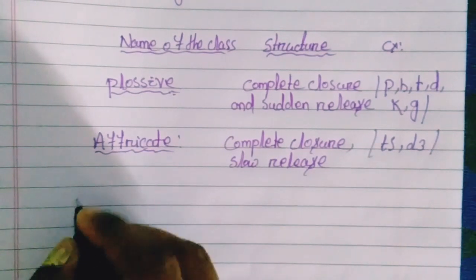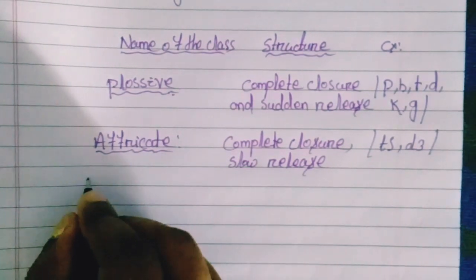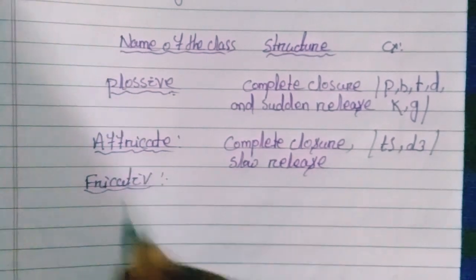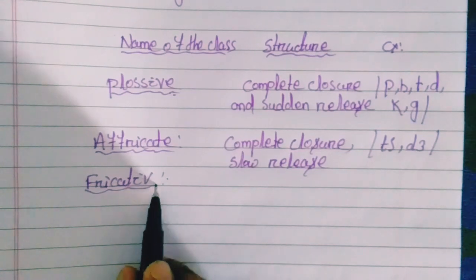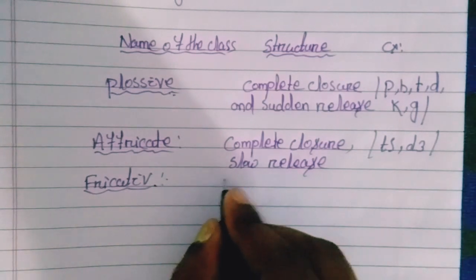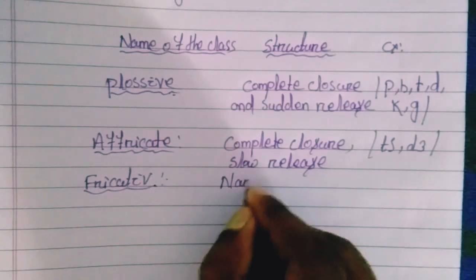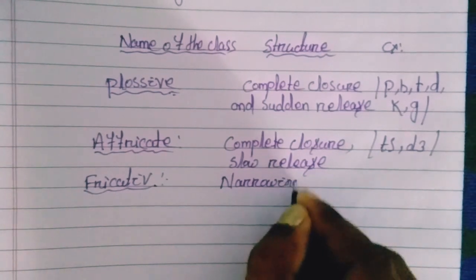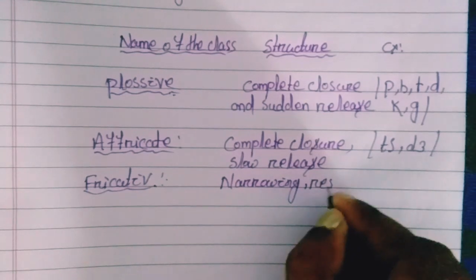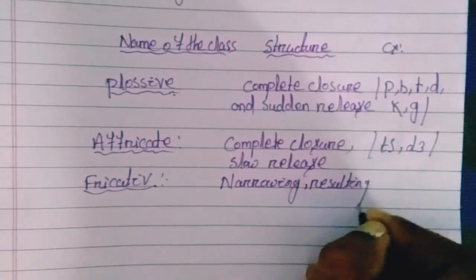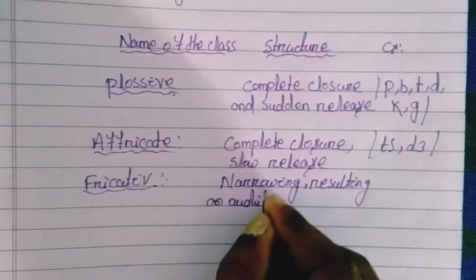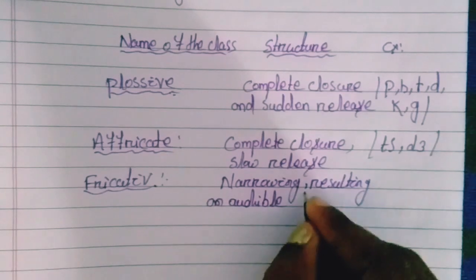Then next is fricative consonants. During the production of fricative consonant sounds, the structure of our mouth is narrowing, resulting in an audible friction.